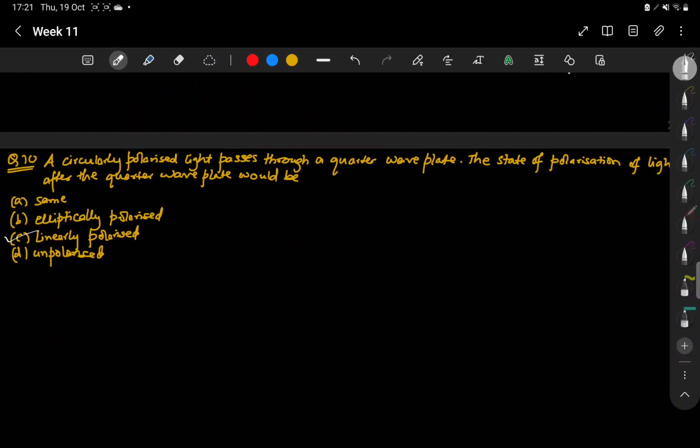This we can also see from what is known as the Jones calculus. Jones calculus is a way in which you treat polarization in the form of matrices.